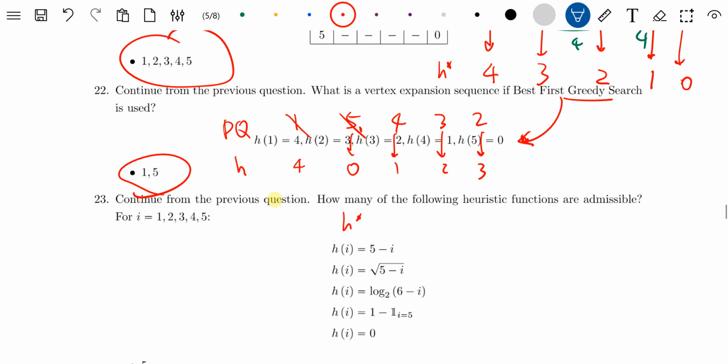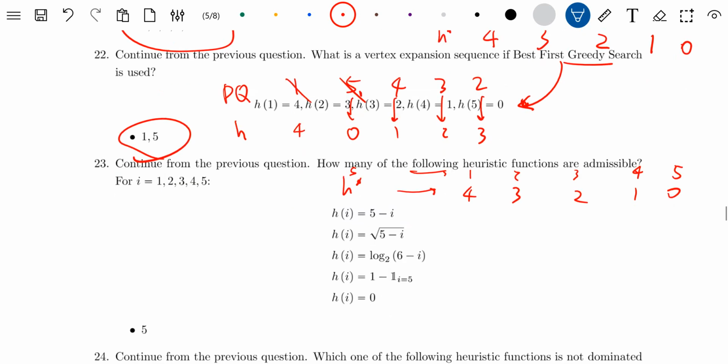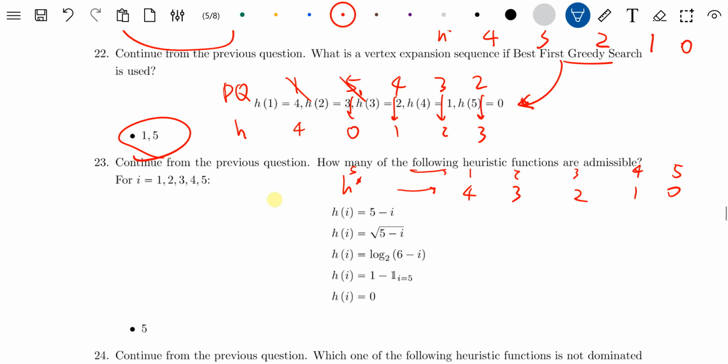So we know that H star is 4, 3, 2, 1, 0, corresponding to states 1, 2, 3, 4, 5. The first row is the state, the second row is H star. So now we want to see how many of these are admissible. Admissible means smaller than or equal to this row.